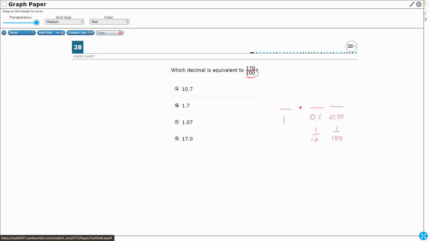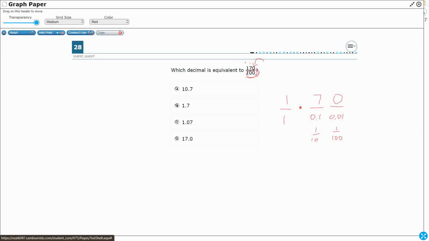So how many hundredths do we have? 170. We know that each digit can only go in one spot. And as long as they know the final digit here, in this case it's a 0, needs to go in the place that is naming the position, so the hundredths spot, then you just build it from right to left. So you get your 0, next comes your 7, next comes your 1. That's how we build it.